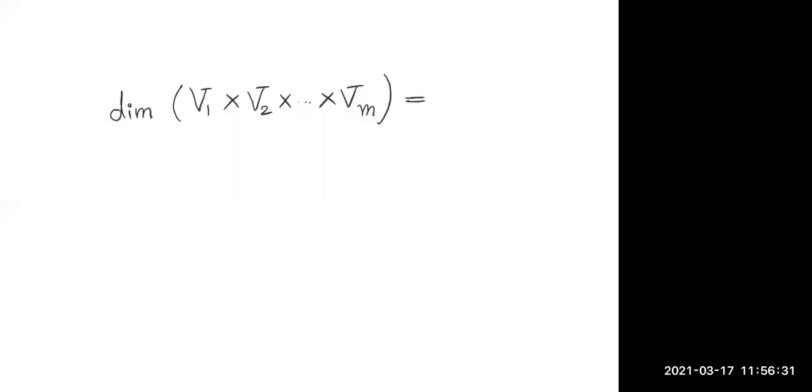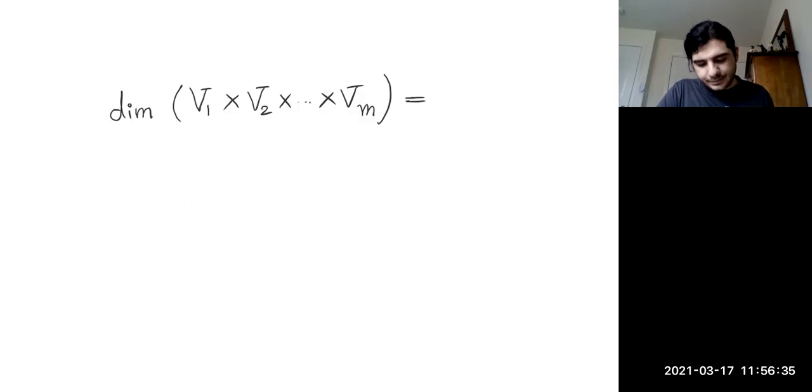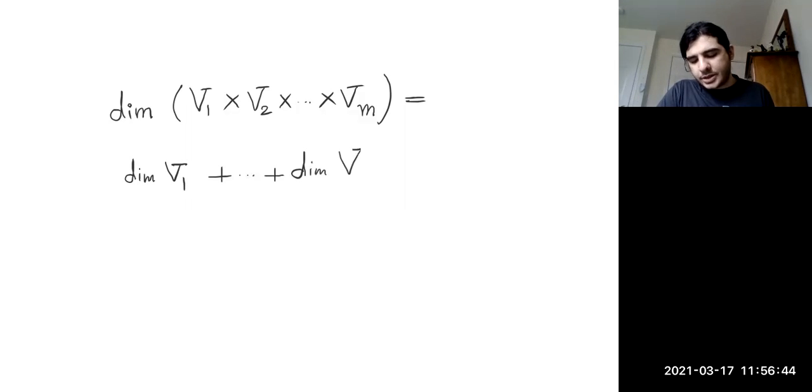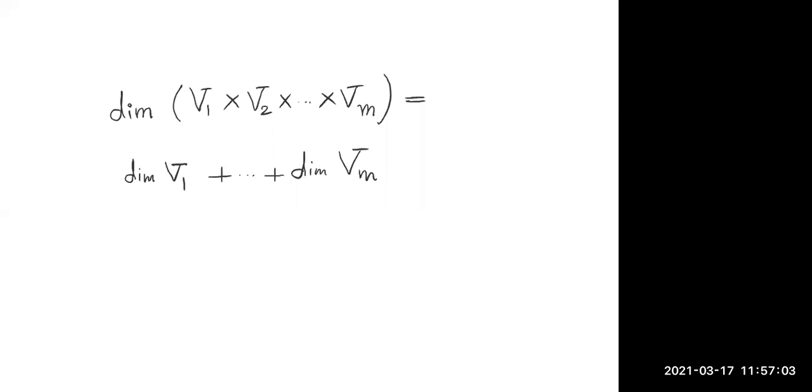The sum from 1 to m of dim Vi. That is correct. Here I'm assuming V1 up to Vm are all finite dimensional. In some sense, it still makes sense if they're infinite dimensional, but just for simplicity, let's assume they're finite dimensional. How can I prove that? Why is that true? How can I prove this as a theorem?